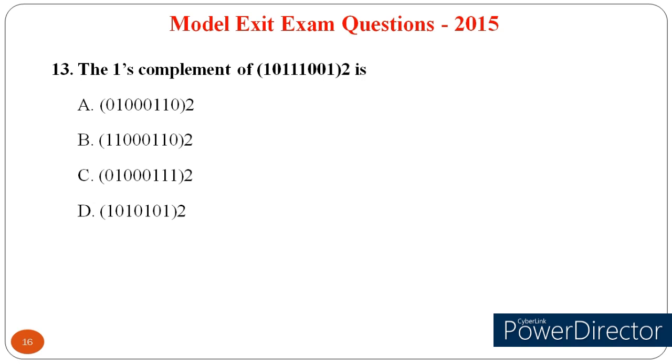When you invert this 1, it will be 0, and the second given digit is 0, and when you invert this, it is 1. The next 11 will be 00. So the answer is A.